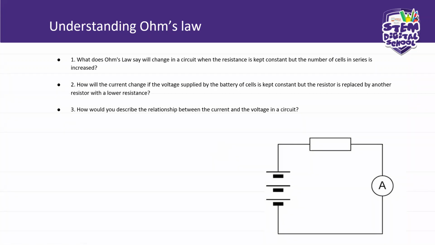Remove voltage, it is current. Because when we are adding the number of cells, we are increasing voltage. So Ohm's law is saying current will change if we increase the number of cells. If we increase voltage, current will increase too.